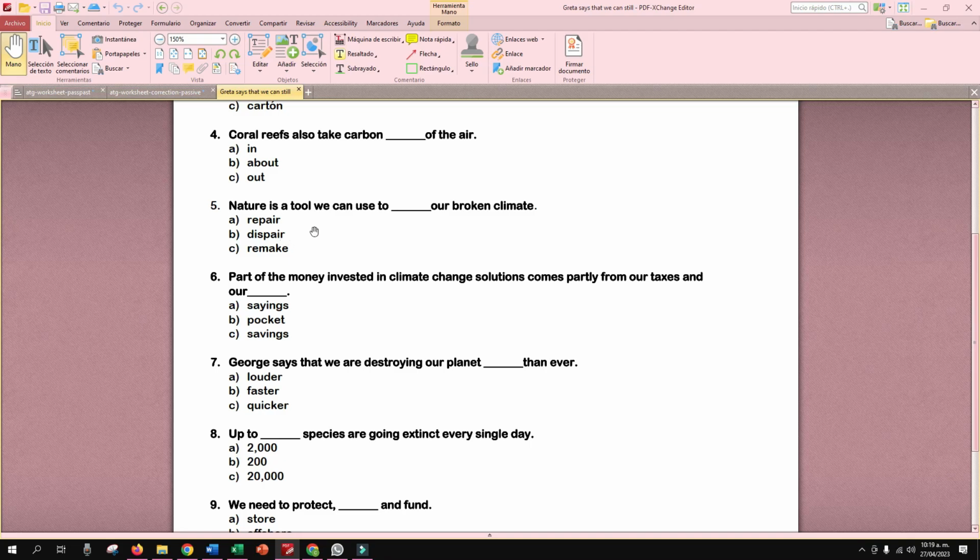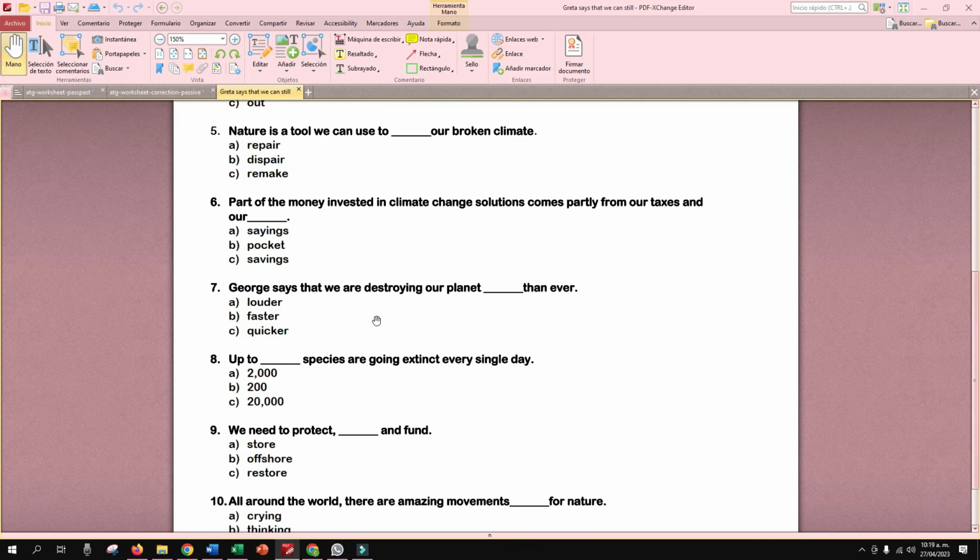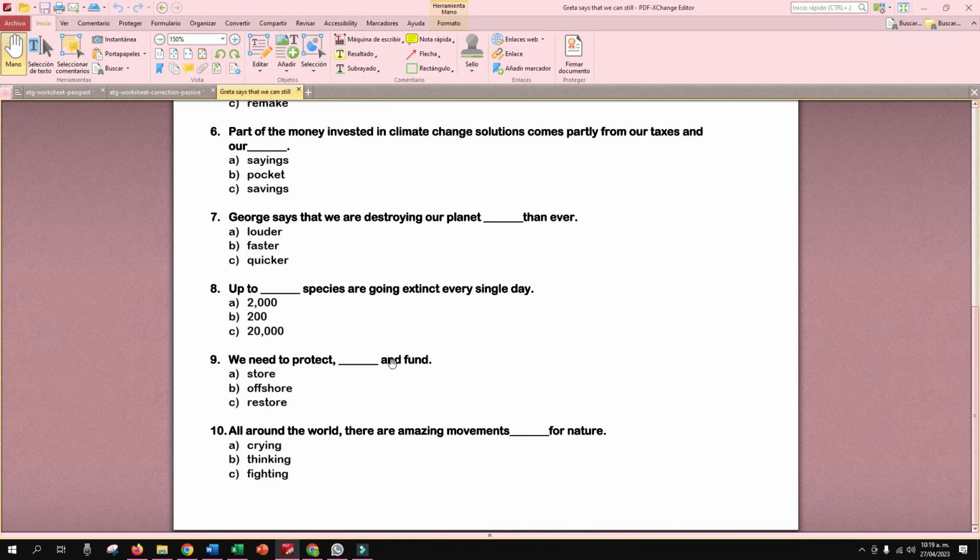Nature is a tool we can use to repair our broken climate. Part of the money invested in climate change solutions comes partly from our taxes and our savings. George says that we are destroying our planet faster than ever. Up to 200 species are going to go extinct every single day. We need to protect and restore. And all around the world there are amazing movements for nature.